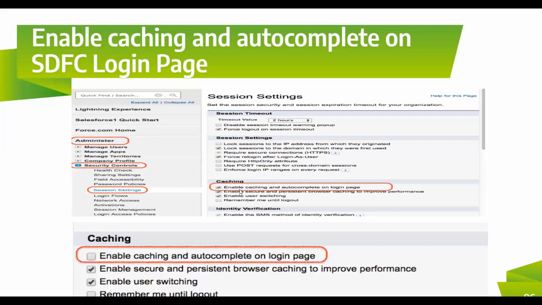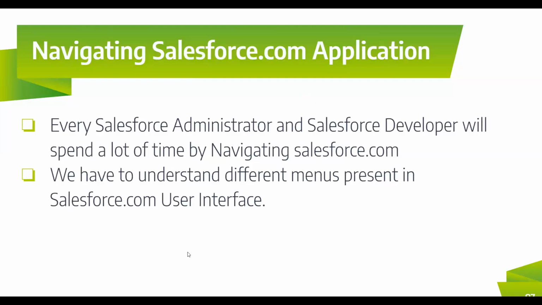Here you can see caching, and you're going to enable all these 3 options: enable caching and autocomplete on the login page, enable secure and persistent browser caching to improve performance, and enable user switching. Whichever you want, you can enable. Once you enable, your username will be displayed automatically.